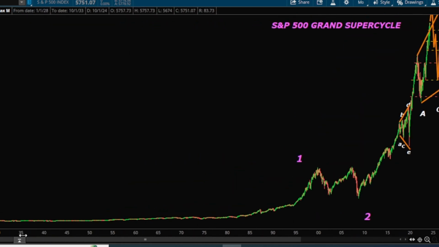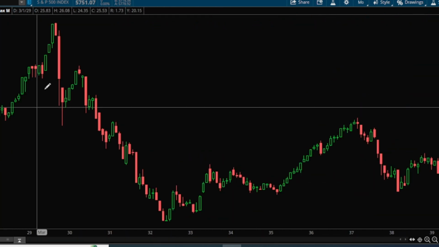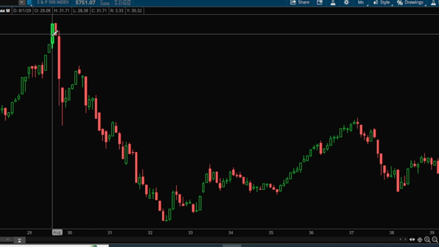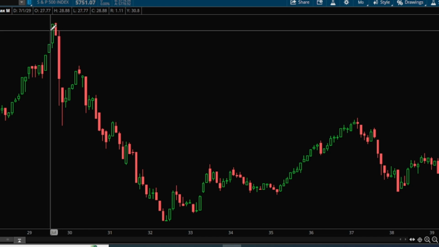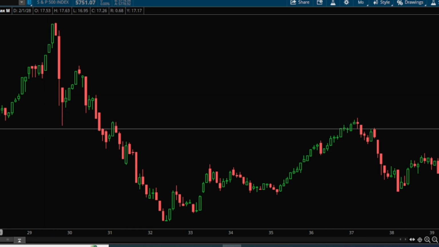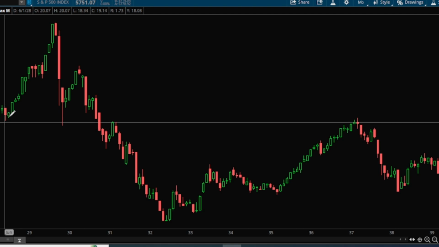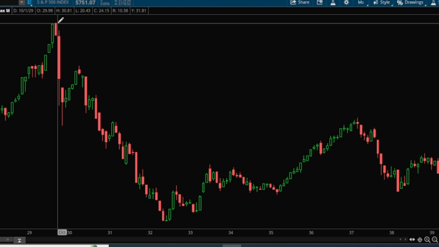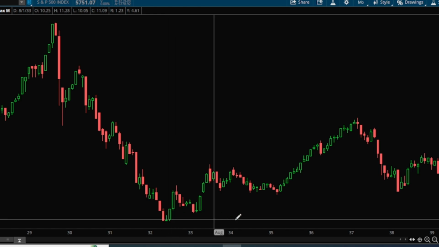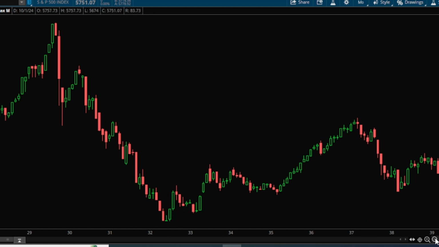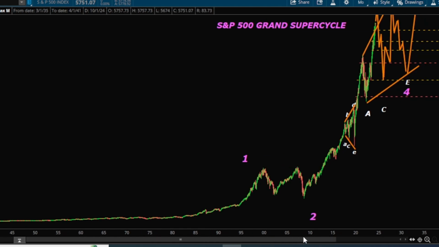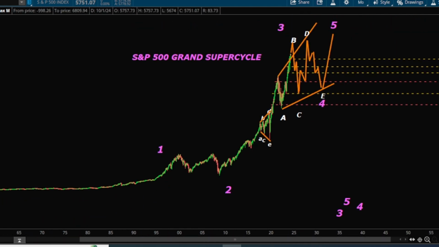It actually goes back to March of 1928, then the start of the crash in 1929, all the way to where it started to rebound in 1932. So that's this whole chart of the S&P 500, and I've got it labeled in an Elliott wave count.